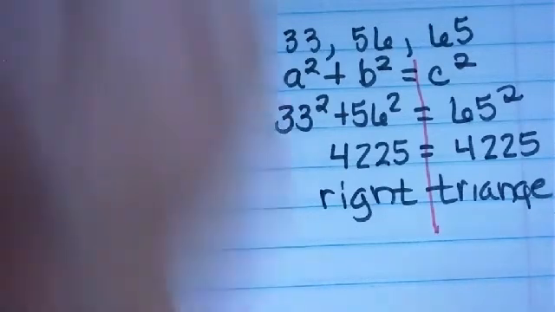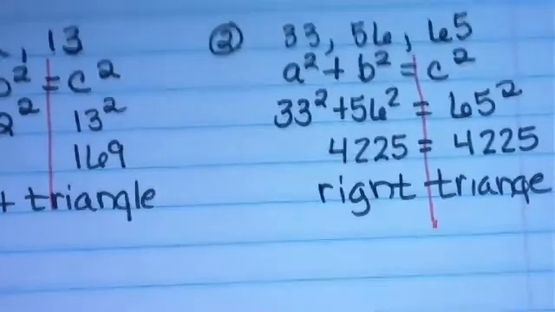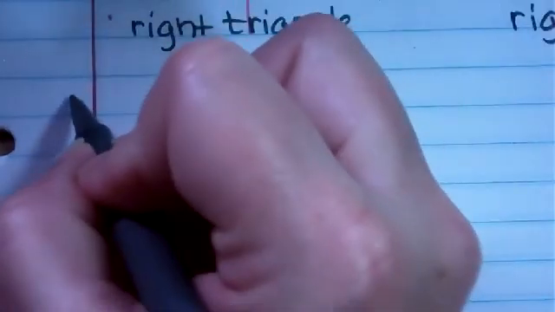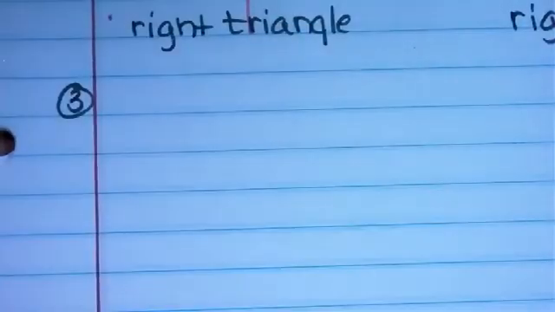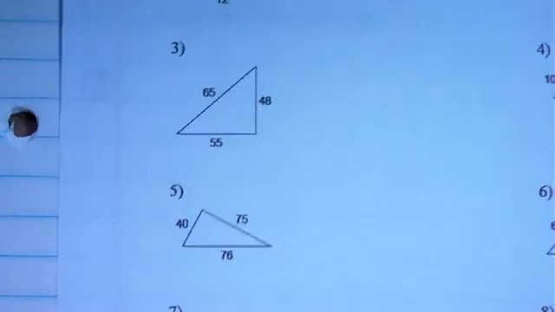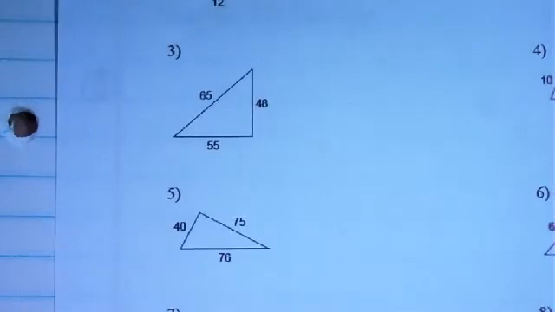Now the next one I want to look at is number 3. So let's go over to our paper. Let's look at our triangle and let's find our 3 numbers. Our 3 numbers are 48, 55, and 65.